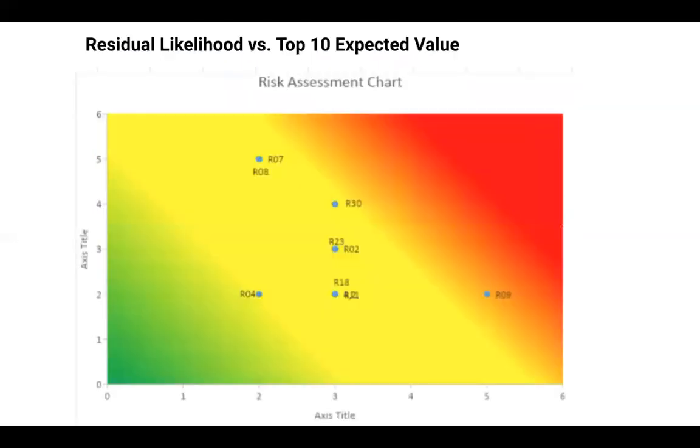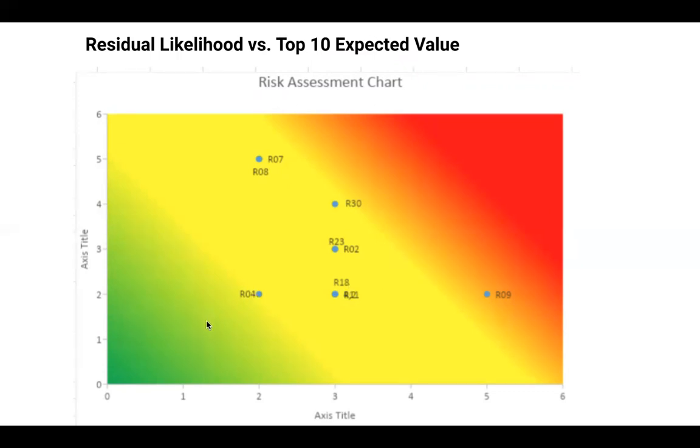All right, next slide. So this is our risk assessment chart, and what this provides is just a visual representation of the higher risks and ones we need to pay more focus to and have our teams look at and keep track of.